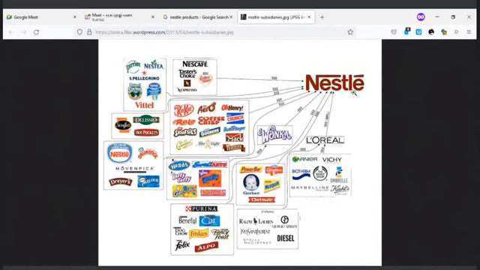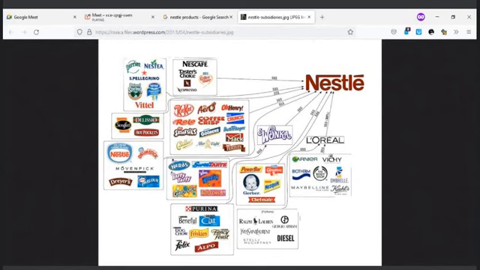So a single Nestle has so many segments. And these things are basically what determine the segment reporting. And these are not actually all the segments. These are only those segments which give significant revenue for Nestle. So when significant revenue is coming, these things need to be reported.